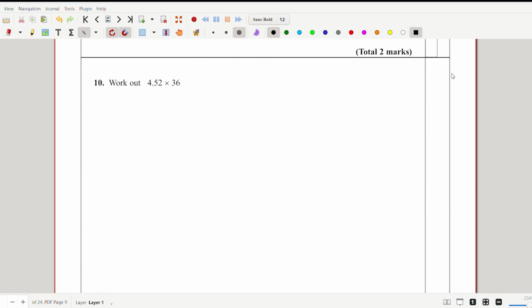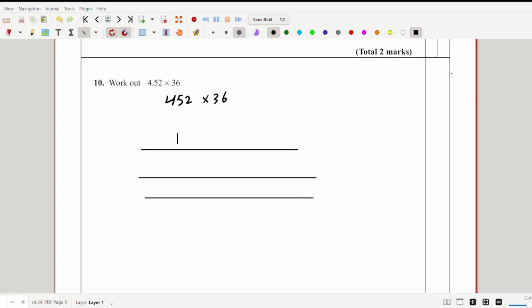Work out 4.52 times 36. Don't forget this is a non-calculator paper, so we'll multiply 452 times 36 first. We draw this small table for multiplication and expand 452 to be 400, 50 and 2, and 36 to be 30 and 6.